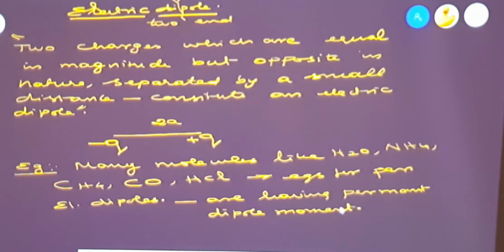So, many of the molecules like H2O, water, ammonia, CH4 methane, carbon monoxide CO, and HCl, so many, etc. are some of the examples for permanent electrical dipole. Since these are permanent electrical dipoles, they are said to have permanent dipole moment. So we have to see what we mean by this permanent dipole moment.